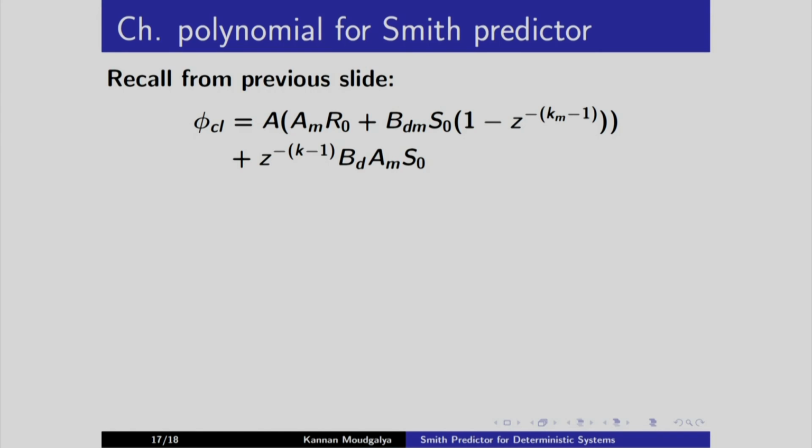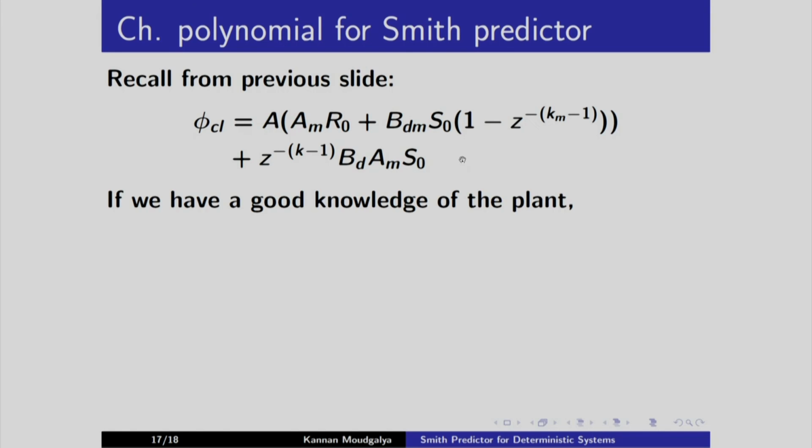Now there are some simplifications possible if we assume that we know the plant exactly. That is, if AM equals A, BDM equals BD and KM equals K, you can see immediately that this term will cancel this term.